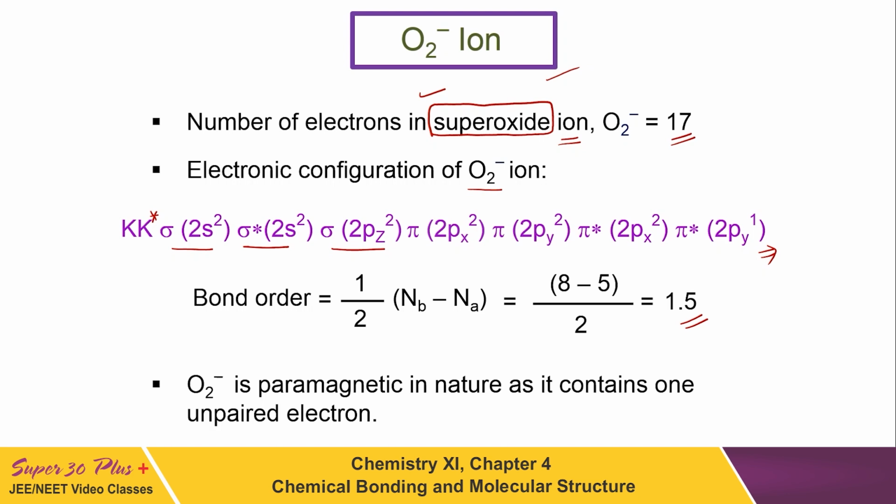Furthermore, it comes to 1.5. So now we can say with authority that O2 minus is paramagnetic because it contains one unpaired electron, which I have already shown you in the MO diagram in the previous slides. So O2 minus is paramagnetic, the bond order is 1.5, and it has one unpaired electron.